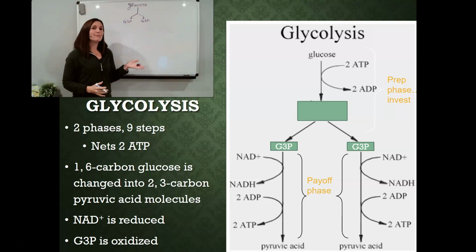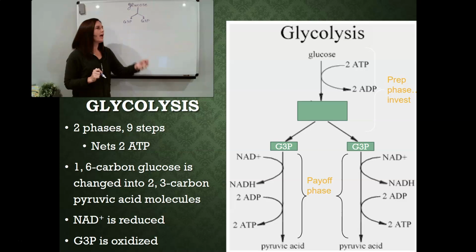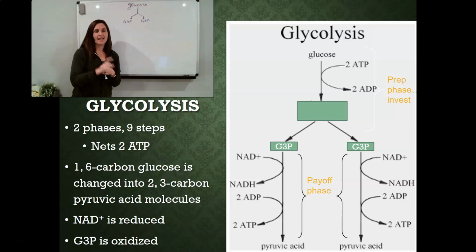If you remember during photosynthesis, each time the Calvin cycle turned, a G3P popped out. Now the very first thing we do in cellular respiration is break glucose apart into two G3Ps. What we're going to be noticing over and over in this chapter is that cellular respiration is the opposite of what's happening in photosynthesis.